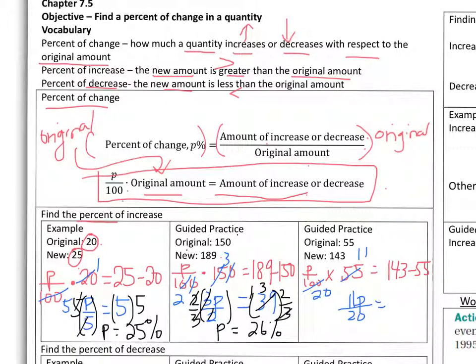And 143 subtract 55 is 88. And I can multiply by the reciprocal of 11 over 20, which is 20 over 11. And then cancel the 20 and the 11 on the left-hand side. So P is 160%.